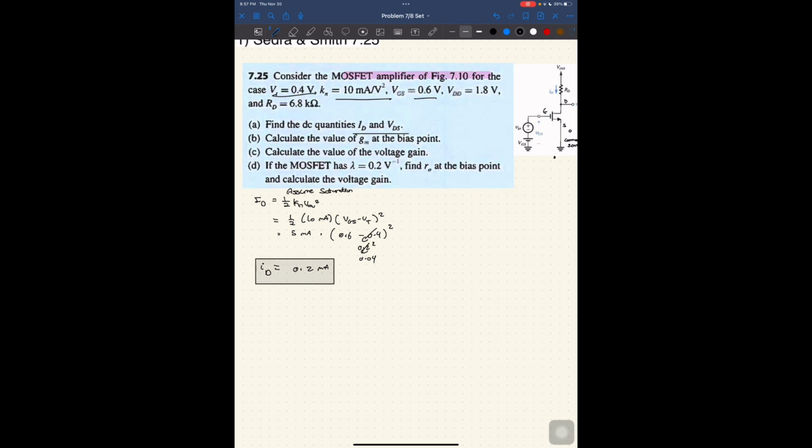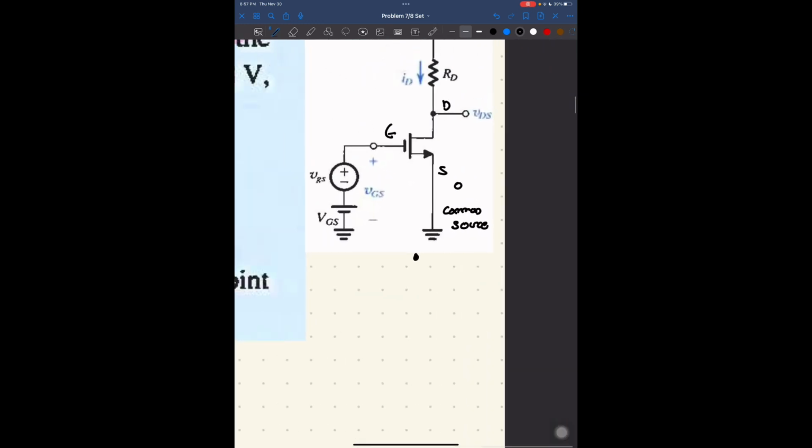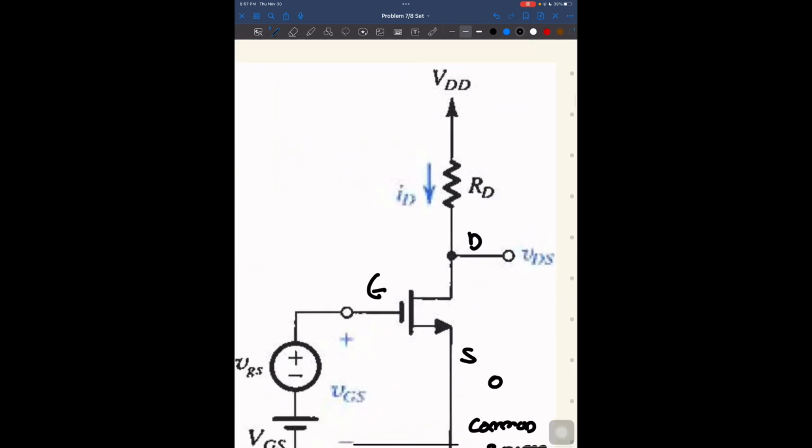Now, what is VDS, right? Well, if I look here, I understand that VDS is nothing but VDD minus ID RD. Why? This is the voltage drop that happens. The voltage drop across a resistor is nothing but the current times that resistor, so V is equal to IR.